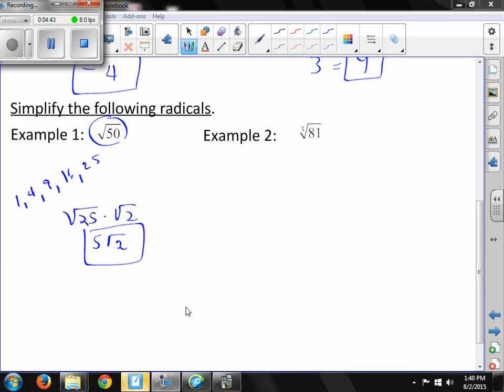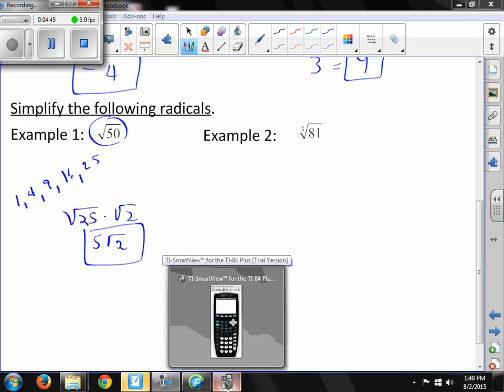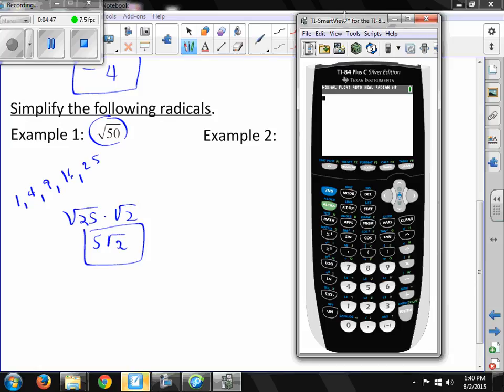We will be in the habit of using our calculator to help us break down these radicals, though. From now on, we will be using the CPLX root program, and I will show you how to use that program. In the middle of your calculator, press Program.